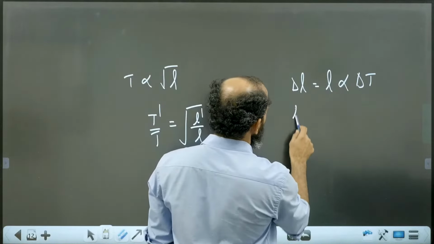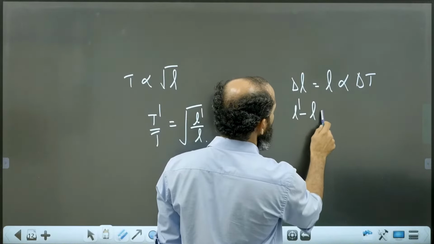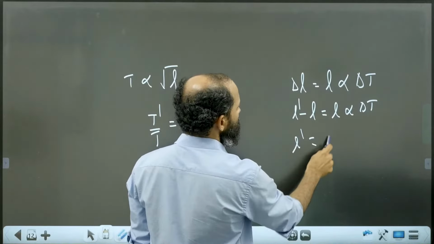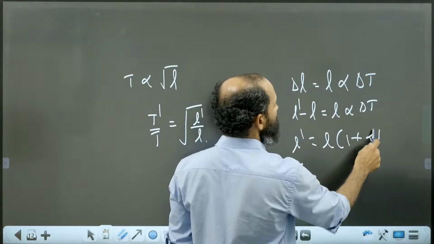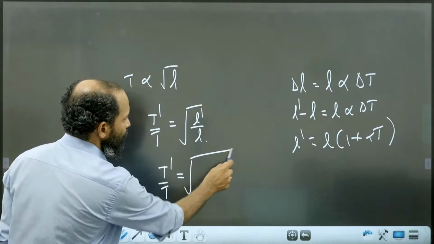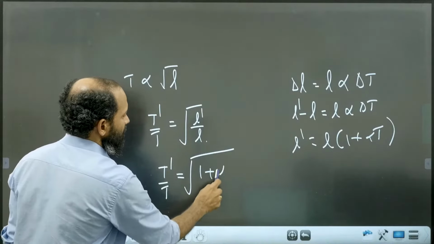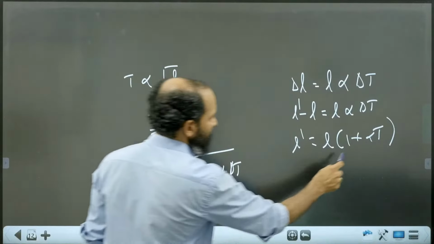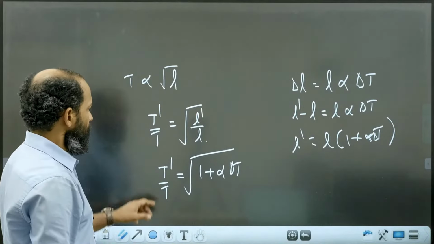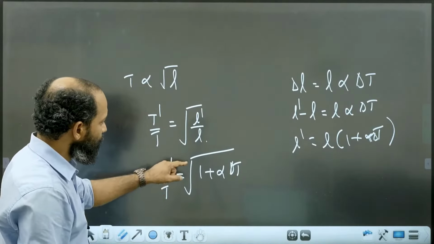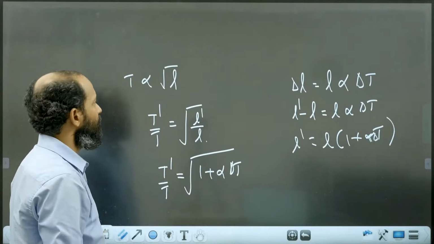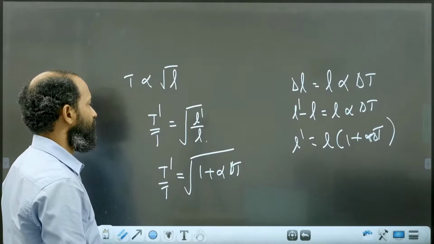So that delta L is L dash minus L, which is L alpha delta T. So L dash is equal to L into 1 plus alpha delta T. That is T dash by T as root of 1 plus alpha delta T. Okay, so T dash by T can be root of 1 plus alpha delta T. Like this you can work it out.